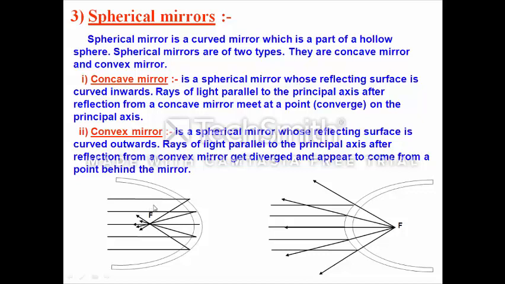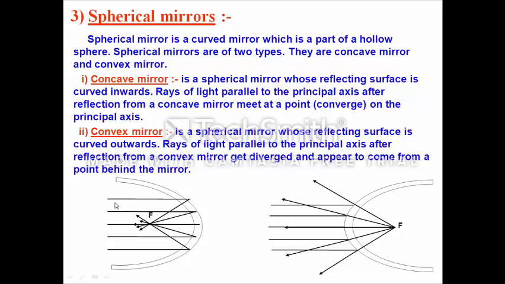First, when we are talking about the concave mirror, it is a spherical mirror which is a part of a hollow sphere, and its reflecting surface is curved inwards. Its outer side is polished, and the side which is not polished acts as a reflecting surface.